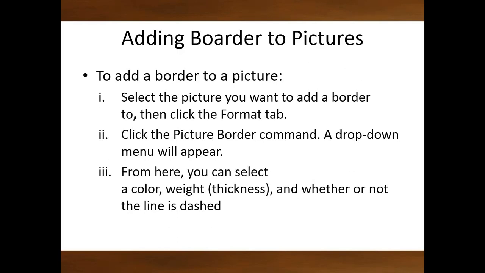Click the Picture Border button. A drop-down menu will appear once you do so. 3. From here, you can select a color, weight, and whether or not the line is dashed.